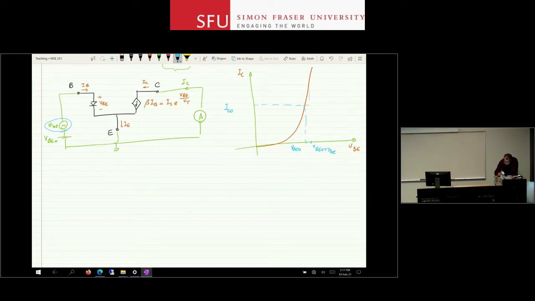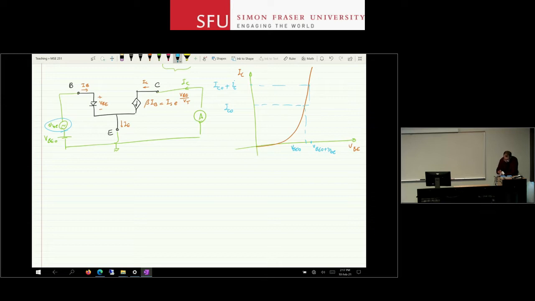IC obviously increases, so I go from the original bias point to some new value. So I'm going to look at the small change in the IC. Hopefully it is small. I'm going to use lowercase i and lowercase c to indicate the change in IC. So I've had a change in VBE, and it has created a change in IC.